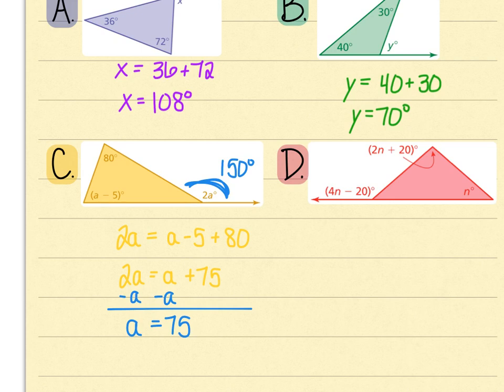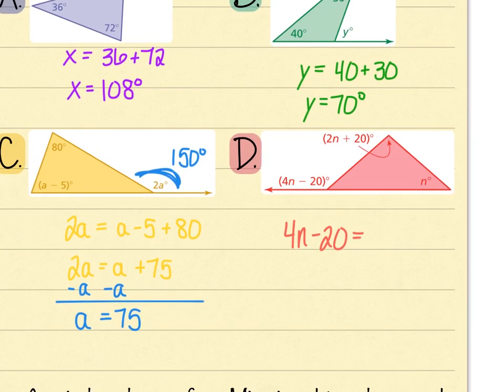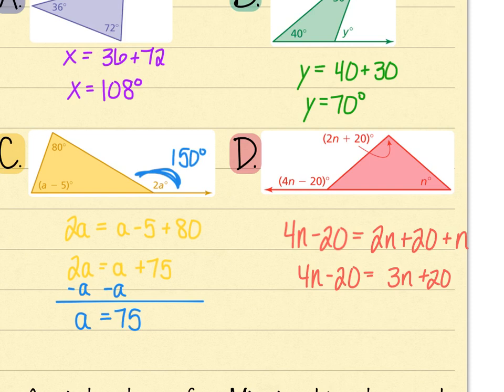And then for example D, I know the exterior angle 4n minus 20 has to equal the sum of the two non-adjacent interior angles. So 2n plus 20 plus n. And so a lot of like terms to combine here. 4n minus 20 equals 3n plus 20, and then we're going to move some stuff around.